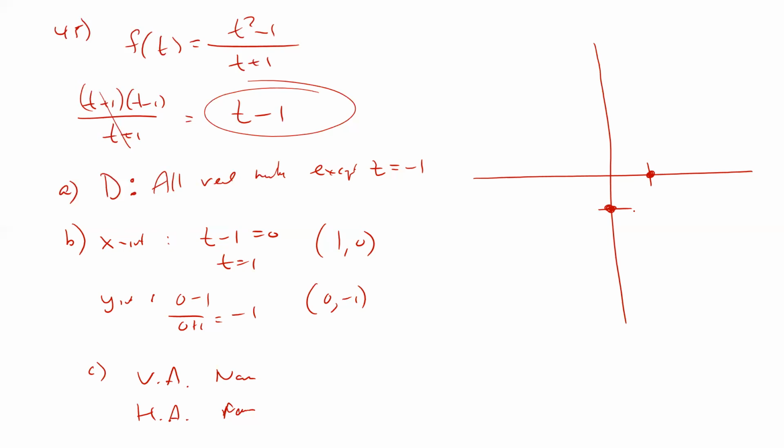We like this graph except for this little piece right here. The reduced form tells us how to graph it. As we get to -1, we have ourselves this little hole right there, and then we go the rest of the way.